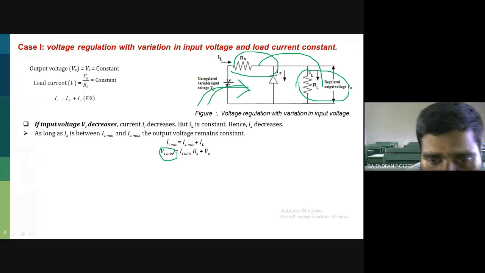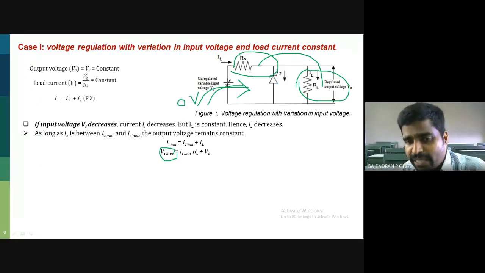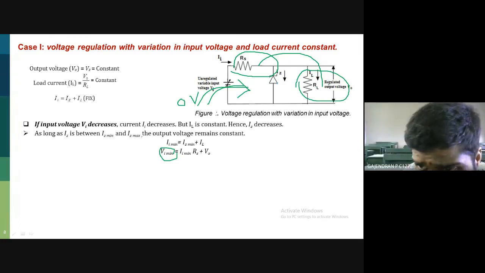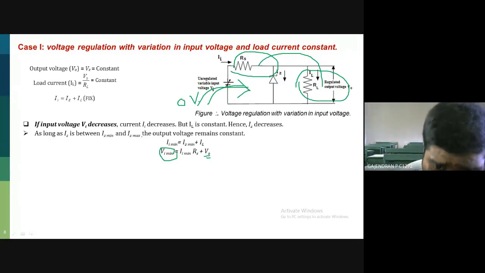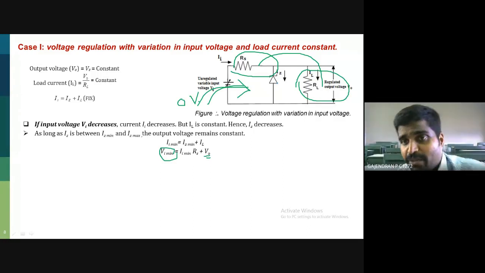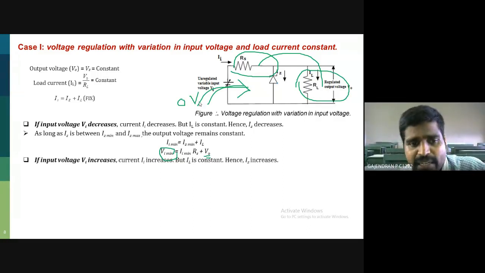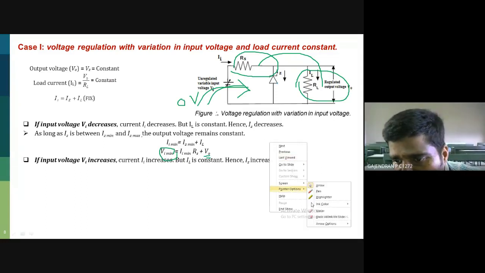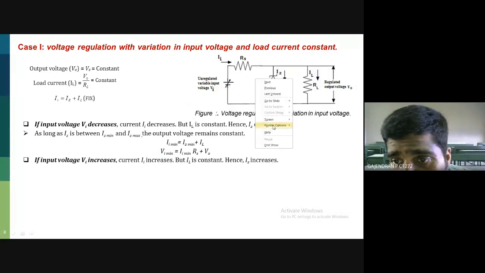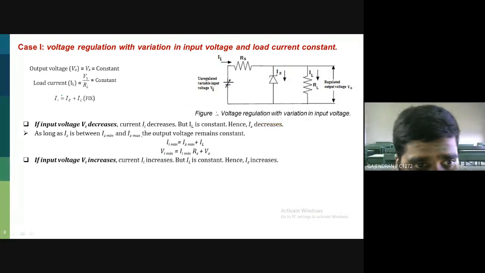It does not mean that நான் 0 volt கொடுத்தா எனக்கு இங்க output voltage வரும்ன்ற meaning கிடையாது. Okay, and output voltage, to get the constant output voltage, there will be some minimum value and the maximum value. Okay, yes. Then if I increase the voltage, obviously there will be an increase in this current.